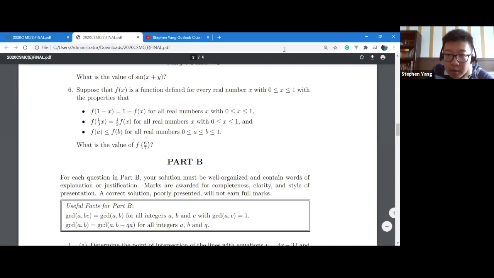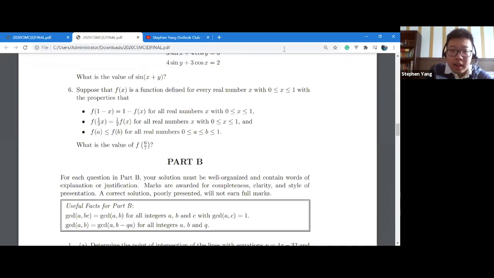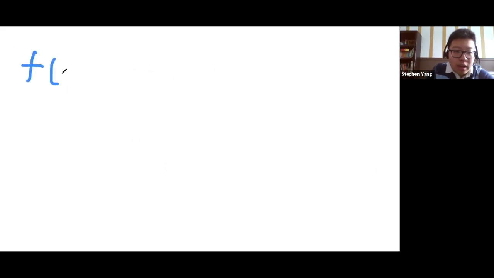Okay, so let's write the few rules. f of 1 minus x is equal to 1 minus f of x.